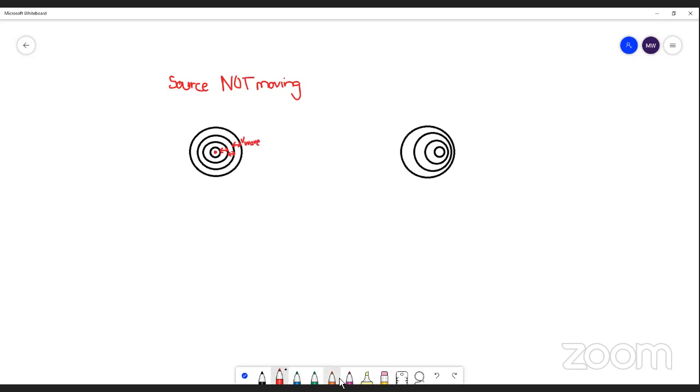On this side, I have now taken the same picture, but I have said that my source is moving. So what is happening in this picture is your source is moving to the right. What you then see is that as the source is moving to the right, the distance between your waves is exactly the same as it is when it's stationary.